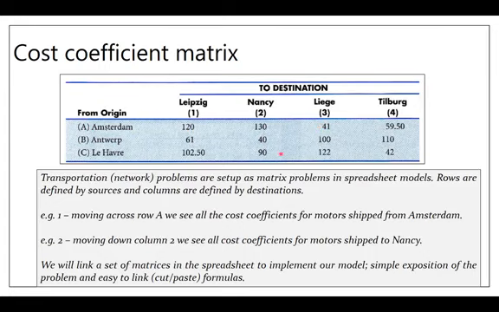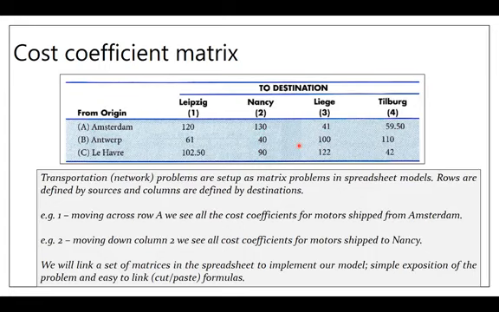Okay, so we have this cost matrix that gives us all the per unit costs. If you move across the row, you're comparing how good or what the costs are associated with Amsterdam, the costs associated with Antwerp. Moving down a column, you get the costs associated with Nancy versus Liège. And you could do some comparisons.